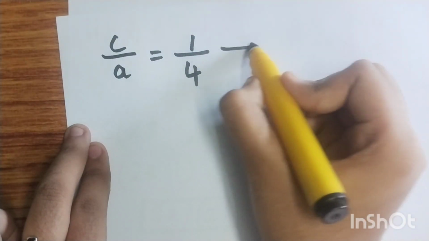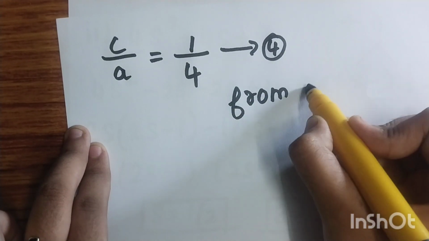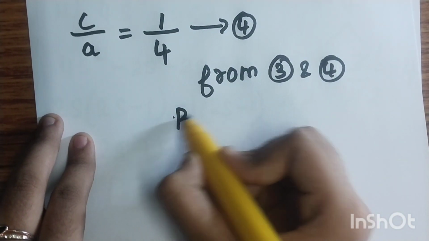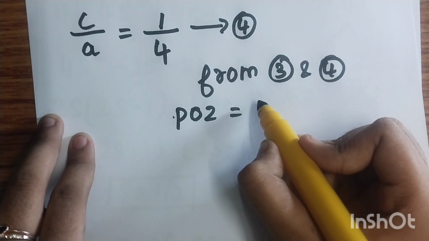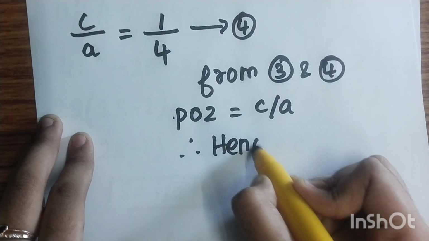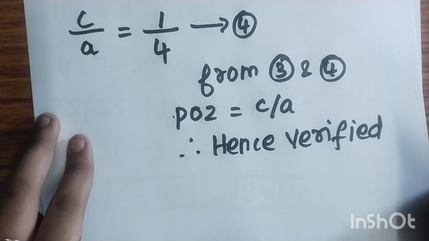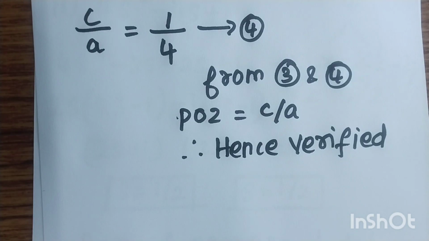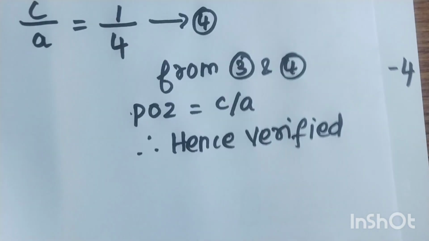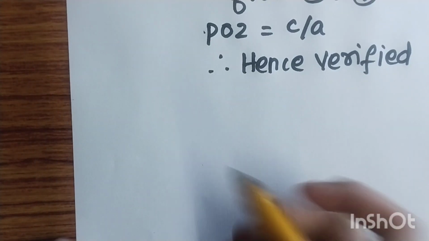So 1 by 4. So this is fourth equation. From 3 and 4, POZ is equal to C by A. Hence verified. Okay, same procedure only. We have to find the zeros of the polynomial and sum, product, and we have to verify it. That's it. Okay, next sum, third sum.